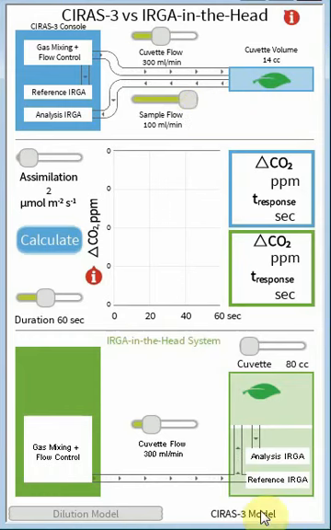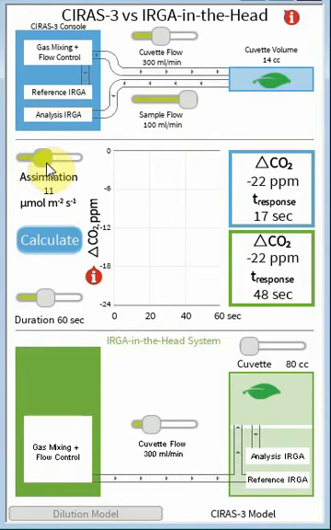The alternate approach is to have the ergas, the analysis and reference erga, in the head of the cuvette. It makes the cuvette larger, heavier, and a higher volume. So this calculator here is simulating what happens if you put a leaf in with a given assimilation rate.